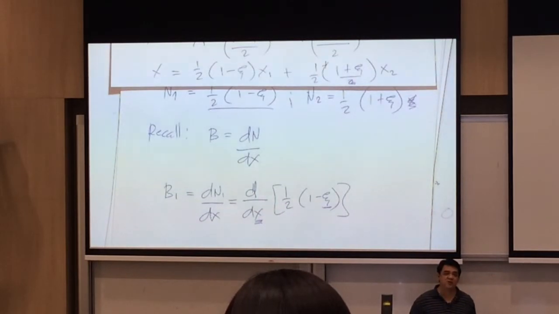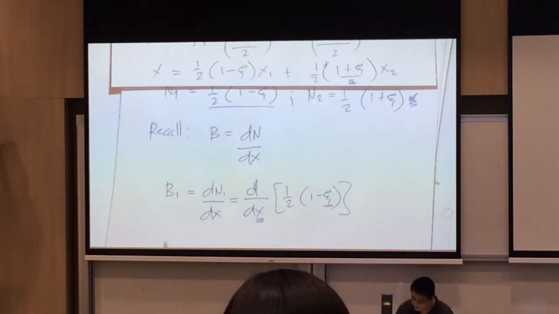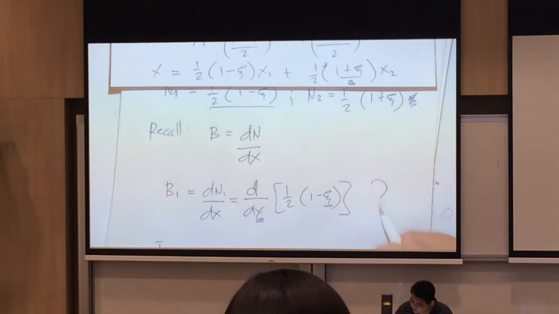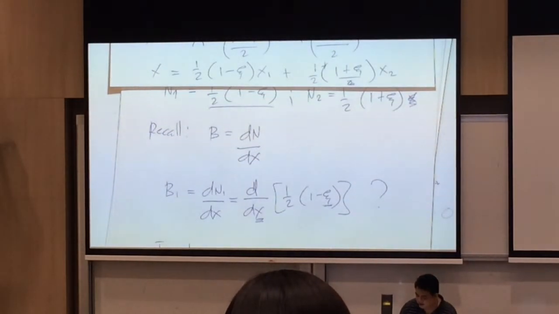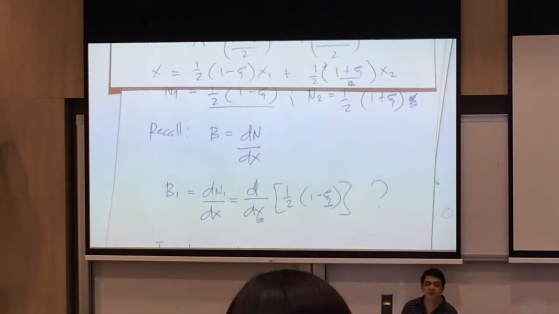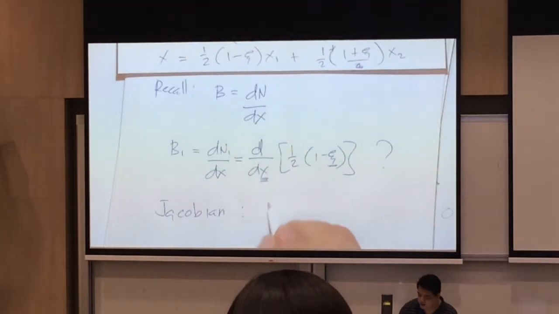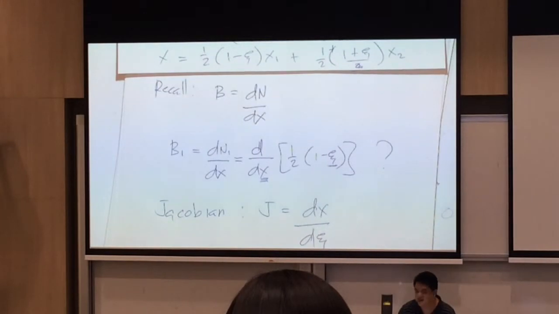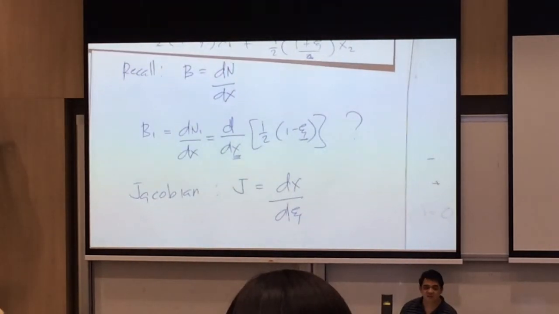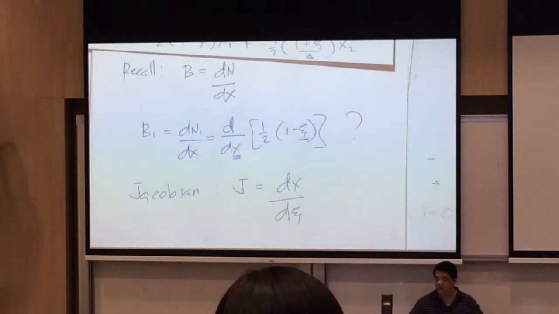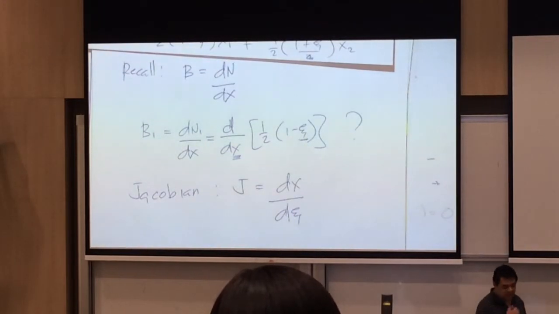So this is the time that we introduce a term, the Jacobian, where this Jacobian, J, is equal to dx dc. There will also be a value for this one, I'll explain later.